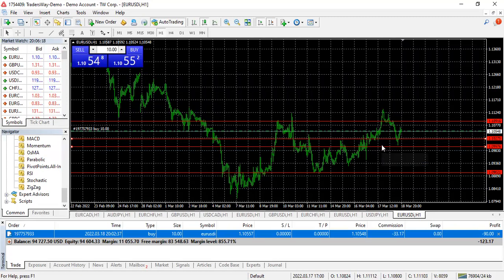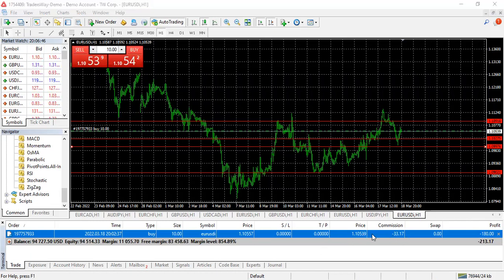Then my trade starts from here to any point I use as my take profit. So that is how spread works. Some brokers will charge you for spread, and when a broker is not charging you for spread, they will charge you for commission, something like this.